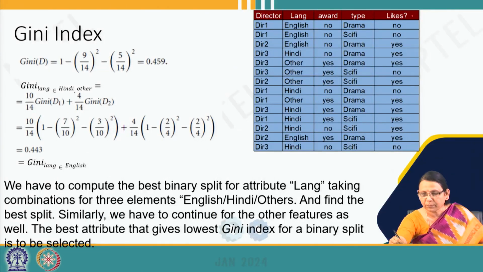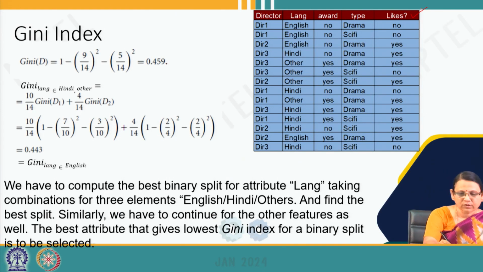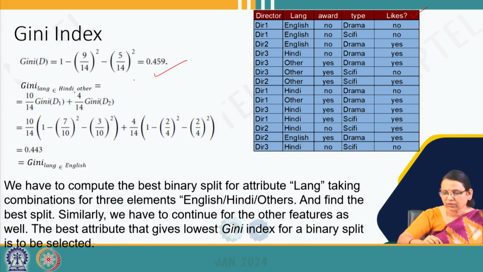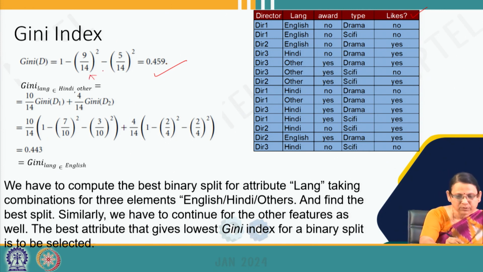So, with respect to this response variable, let us find out the Gini index. This Gini index turns out to be 1 minus the squares of 9 by 14 and 5 by 14. Where is this value coming from?